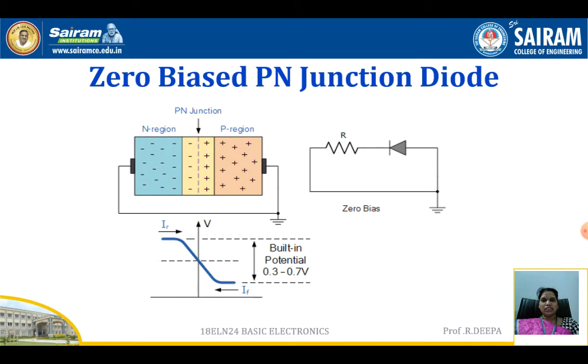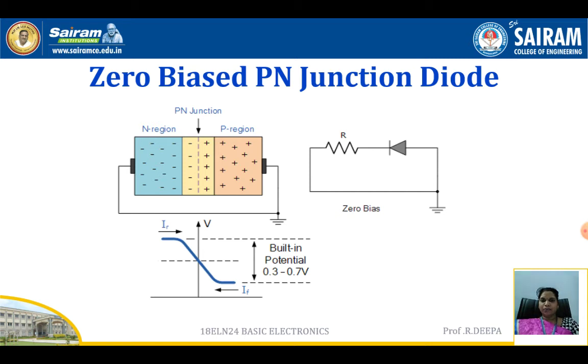So when it is zero biased, the majority charge carriers, electrons from the N region, will try to recombine with the holes from the P region. So near the junction you can observe there will be recombination of electrons and holes.